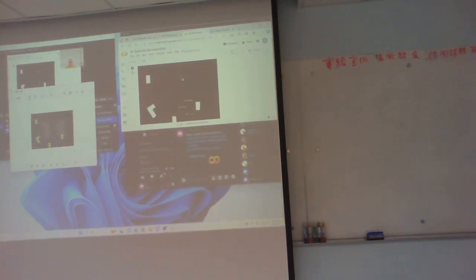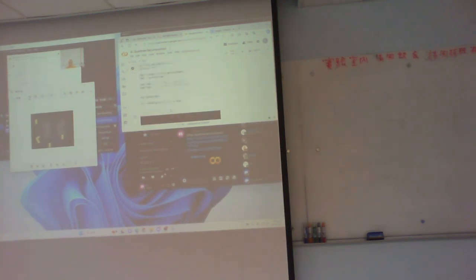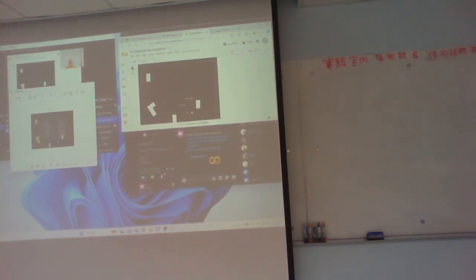Okay, so here's your environment. Now you can see, I think we're missing already one blue wall here. So 105 isn't working, and we're missing a wall here, but okay, fine.